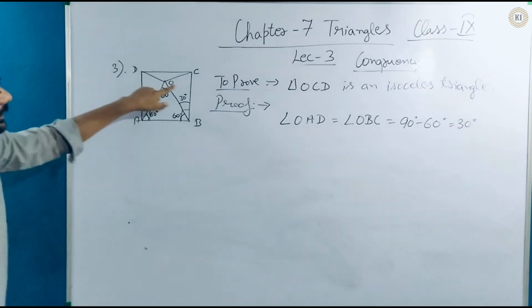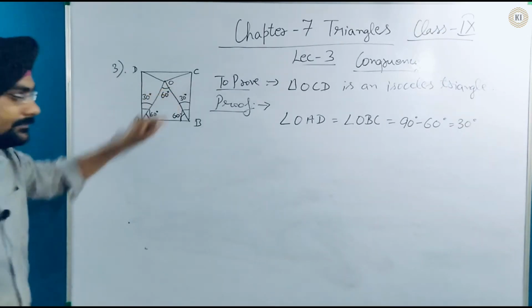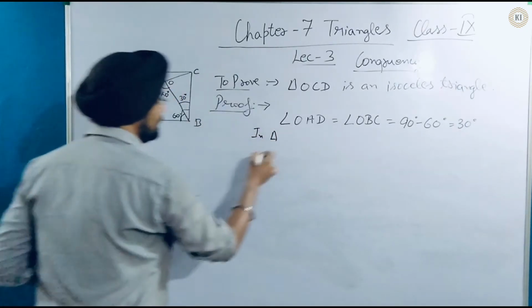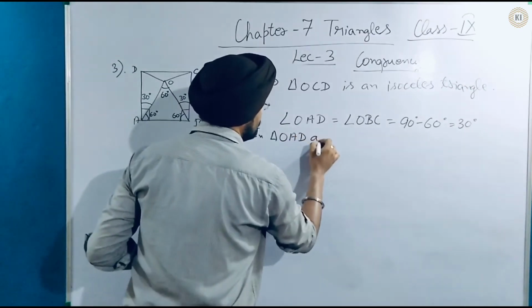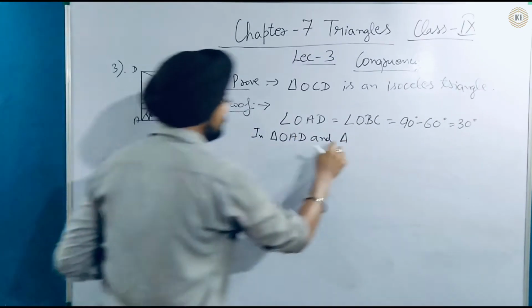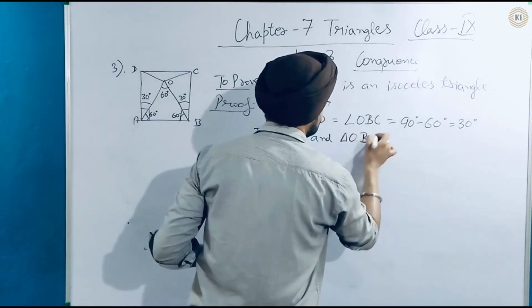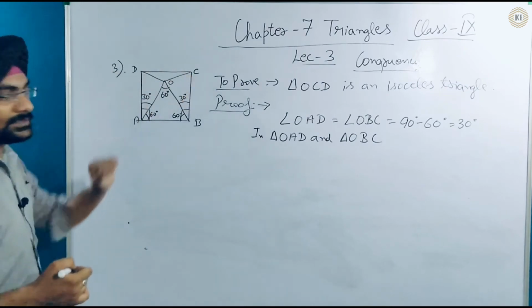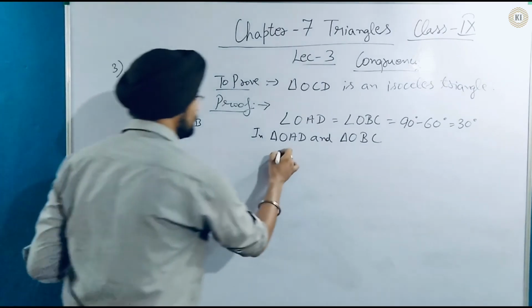Now we prove these two triangles congruent. So in triangle OAD and triangle OBC, AD will be equal to BC because sides of a square.